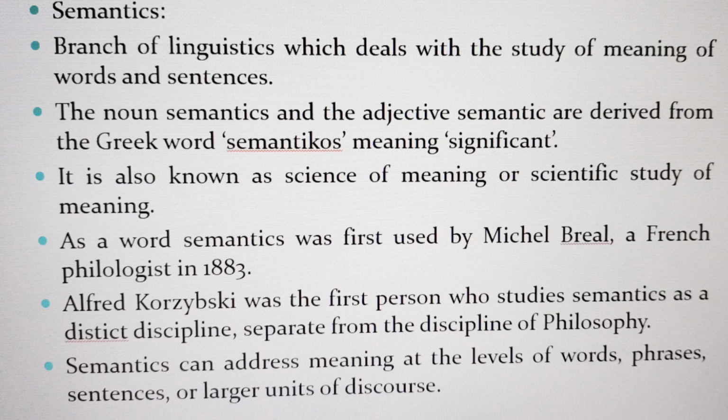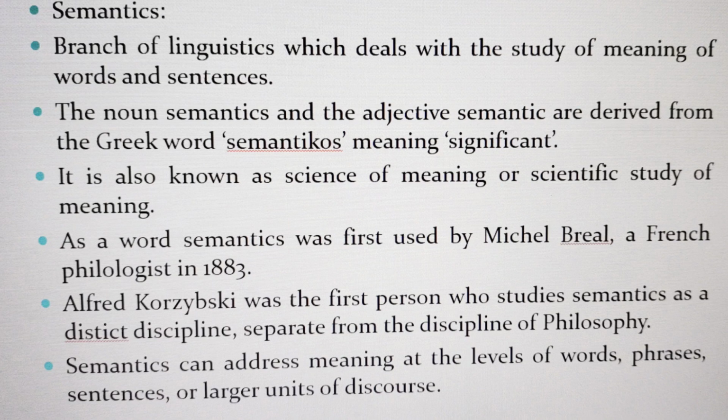Then we shall move on to the etymology of semantics. The noun semantics and the adjective semantic are derived from the Greek word semantikos, meaning significant. It is also known as the science of meaning or scientific study of meaning.